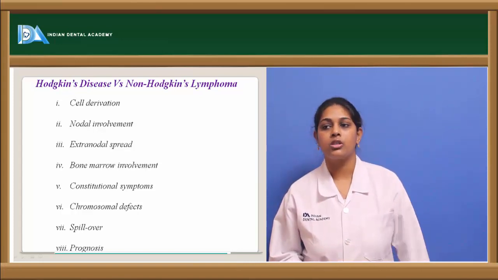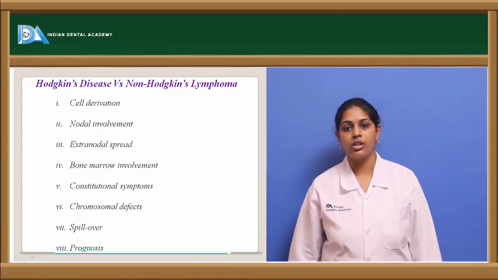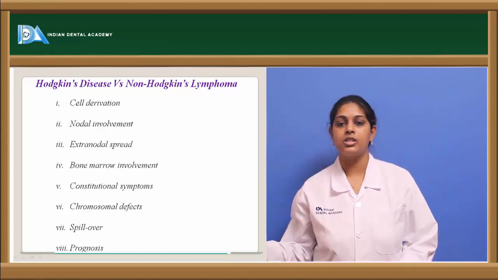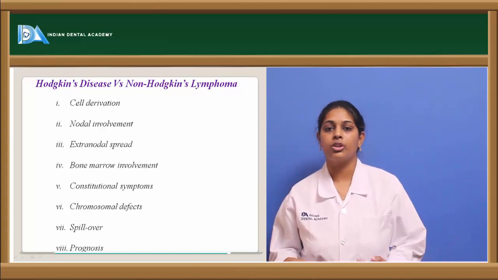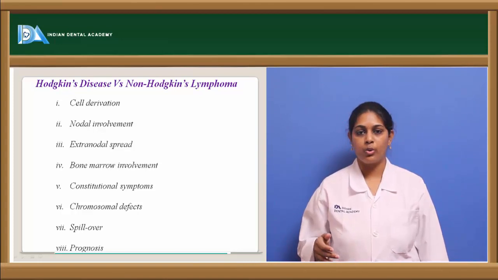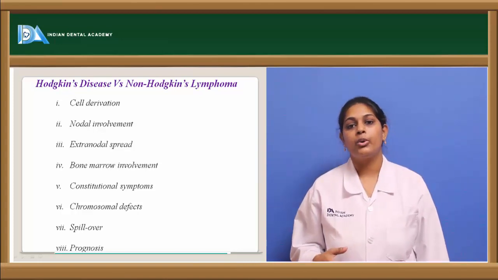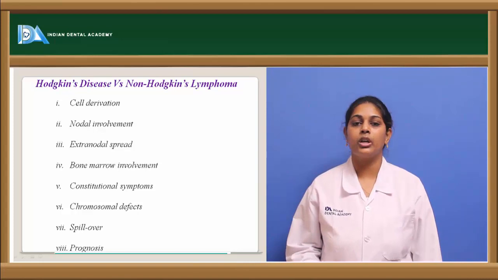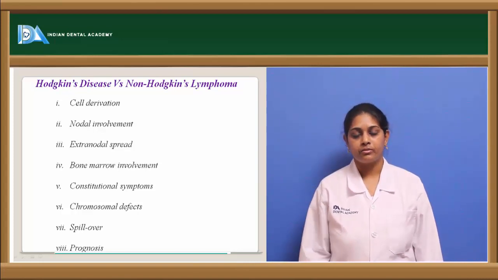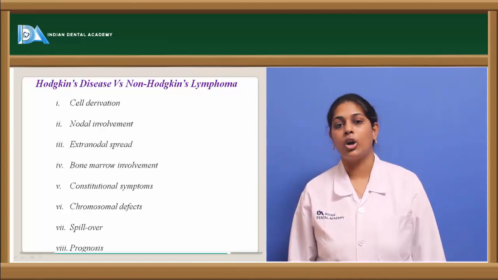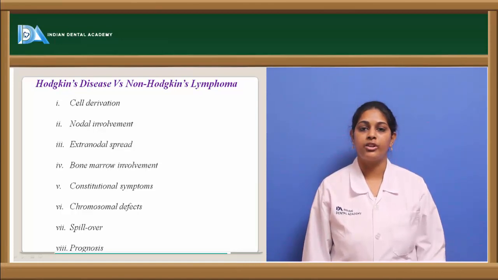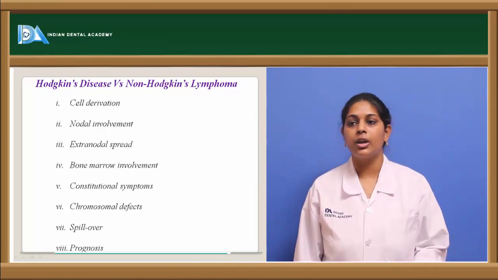Whereas in non-Hodgkin's lymphoma there is disseminated nodal spread, carrying foci of neoplastic cells throughout the lymph nodes or to adjacent lymph nodes. Extranodal site involvement is very uncommon in Hodgkin's lymphoma, but in non-Hodgkin's lymphoma there is frequent involvement of extranodal tissues, which could be organs or any tissues. The bone marrow is not involved in Hodgkin's lymphoma, whereas in non-Hodgkin's lymphoma there is infiltration of neoplastic cells into the bone marrow.